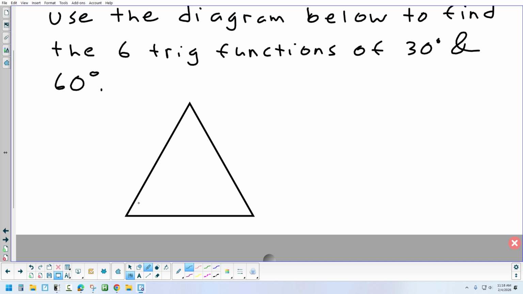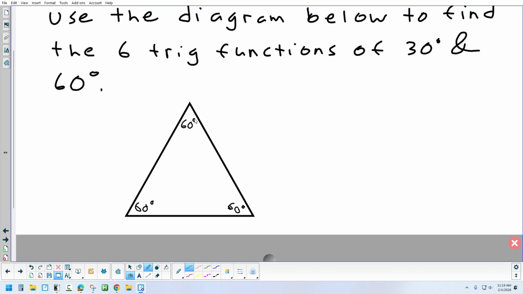Now, one thing that we're missing is side lengths. We have to pick a number for each side. How many different size equilateral triangles are there? There's infinitely many. You can use any one of them to do this problem.